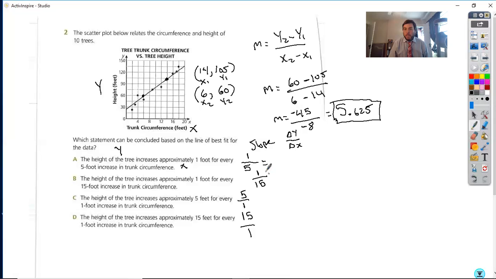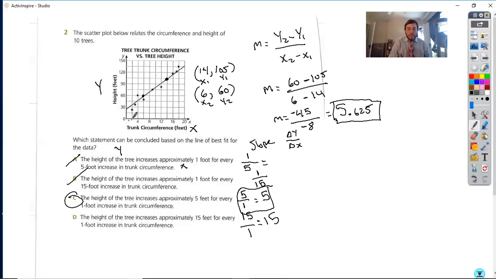Same with 1/15. So not choice A or B. 5 over 1, well, 5 divided by 1 is 5. That's pretty close. Let's see what the last one is. 15 divided by 1 is 15. So the one that's closest to our 5.625 is 5, which is choice C.